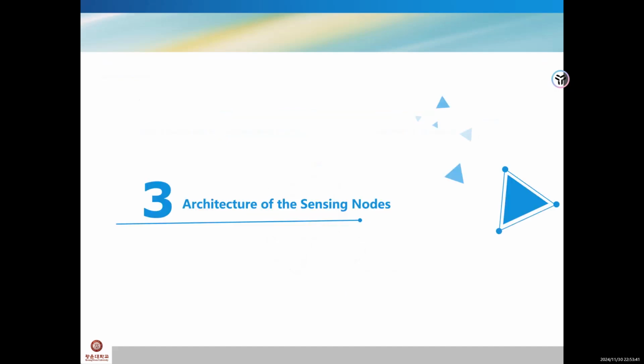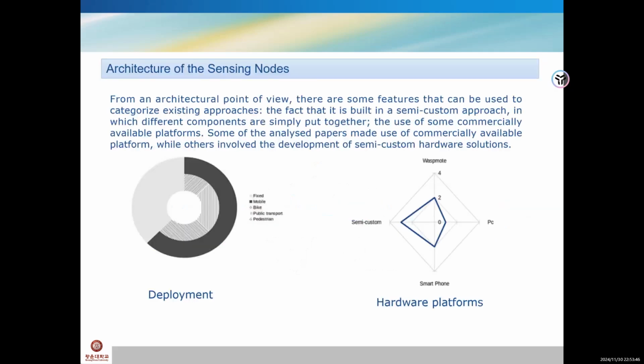Title 3, Architecture of the Sensory Nodes. From an architectural point of view, there are some features that can be used to categorize existing approaches.